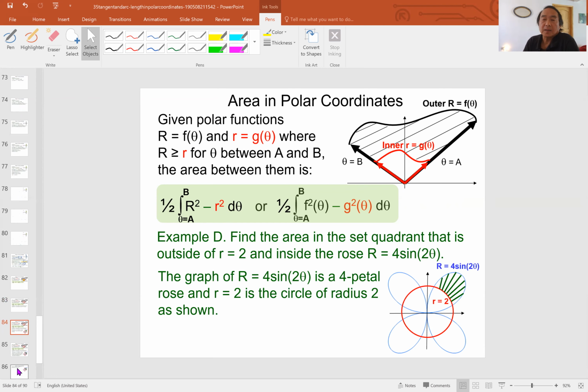Calculate that. Another issue in this type of question is that you need to find the boundaries A and B. Where are the angles that this talks about? In between what and what? That involves solving for intersections of polar curves, which is a trigonometric equation question.